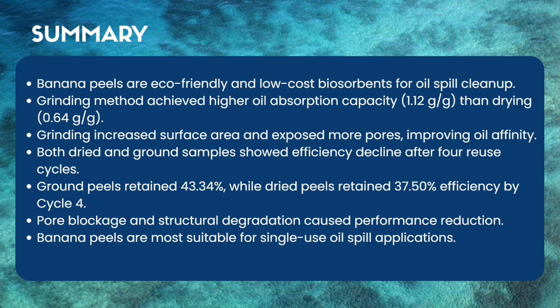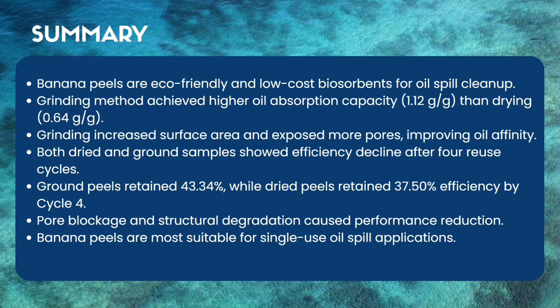From this study, several important findings were made. Banana peels are eco-friendly and low-cost biosorbent. The grinding method achieved higher OAC, 1.12 g per g, than drying banana peel, which is 0.64 g per g. Both types showed efficiency decline after 4 reuse cycles.